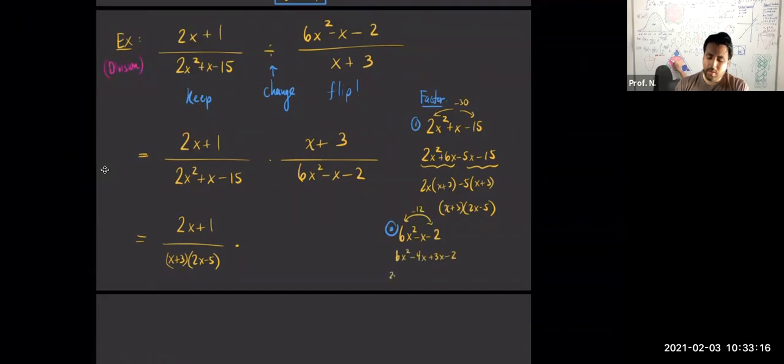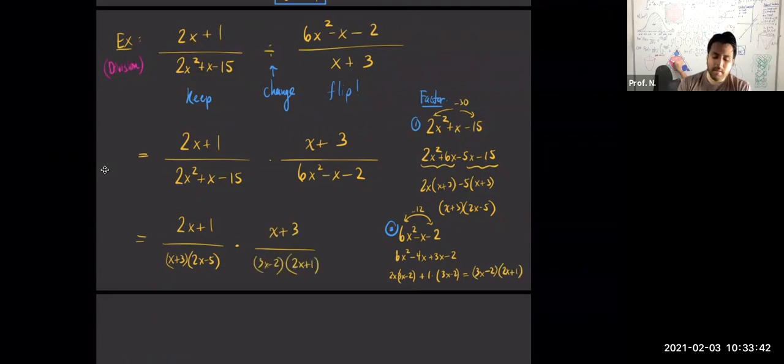You can factor out a 2x and I get 3x minus 2. Factor out a plus 1. Sorry, this is 3x minus 2. And this becomes 3x minus 2 multiplied by 2x plus 1. So this becomes x plus 3 over 3x minus 2 multiplied by 2x plus 1.